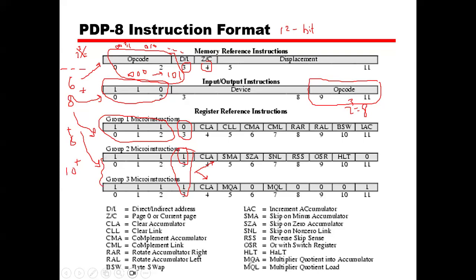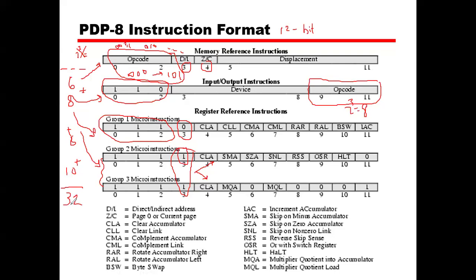How many instructions do we have? 6 plus 8 is 14. 14 plus 8 is 22. So this is like 32, barring any mistakes. If I forgot to count something, guys, then we go and count again.